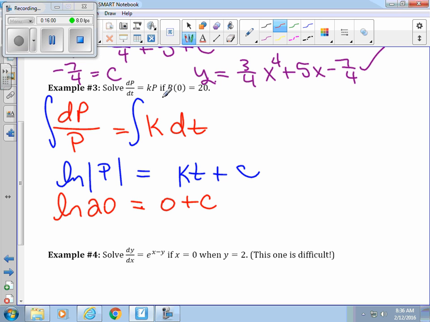Function notation is the same. We changed the letters. So natural log of the absolute value p equals kt plus natural log of 20.